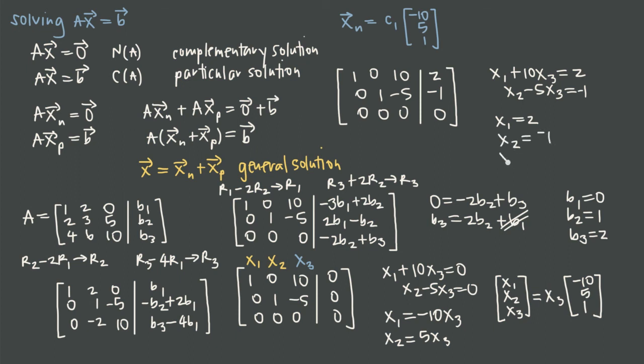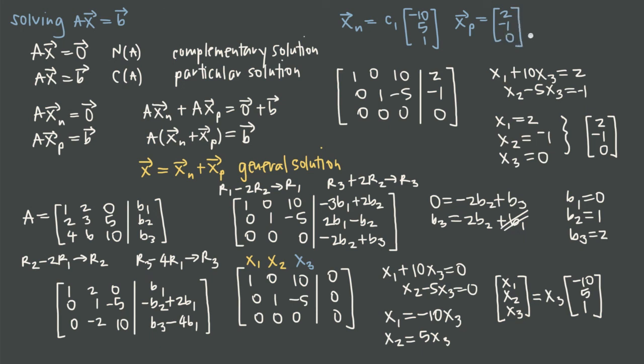Remember, we set x sub 3 equal to 0 because it was a free variable. So if we put these together, this gives us the solution 2, -1, 0 as a column vector. So we can say then that the particular solution, which is the vector x sub p, is equal to this exact vector here, 2, -1, 0.